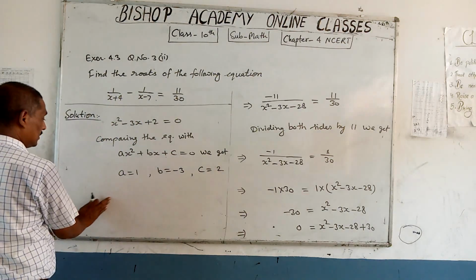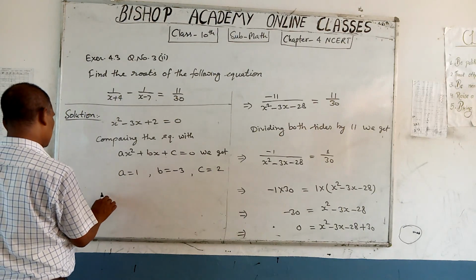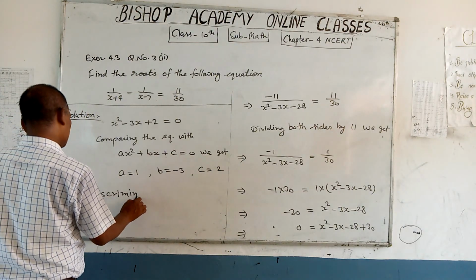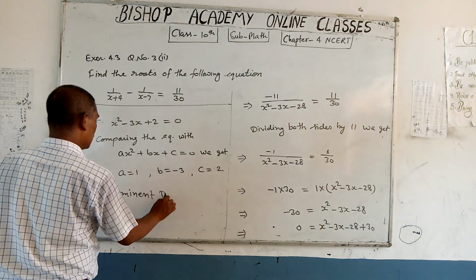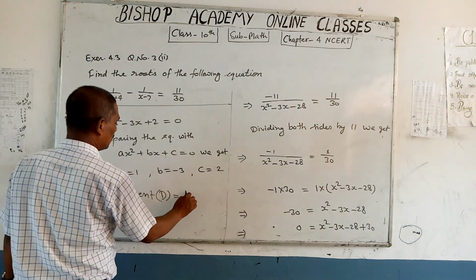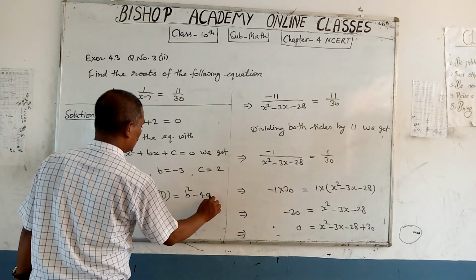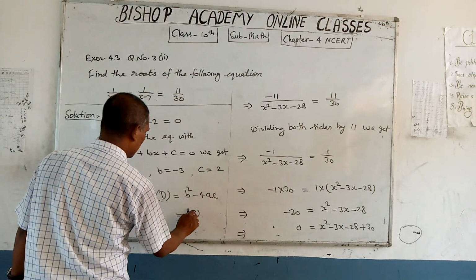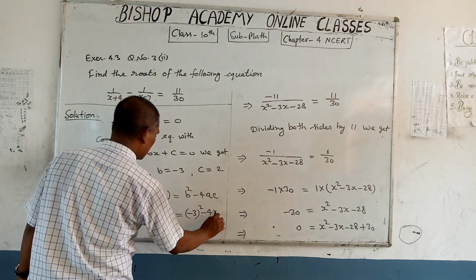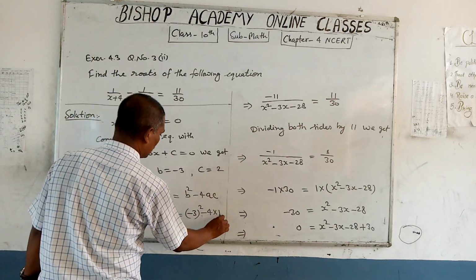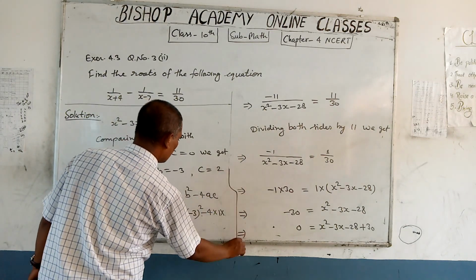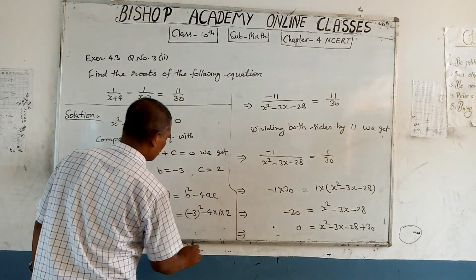Now find discriminant. Discriminant D is equal to b square minus 4ac. Value of b is minus 3, so square of minus 3 minus 4 multiply value of a is 1 and value of c is 2.